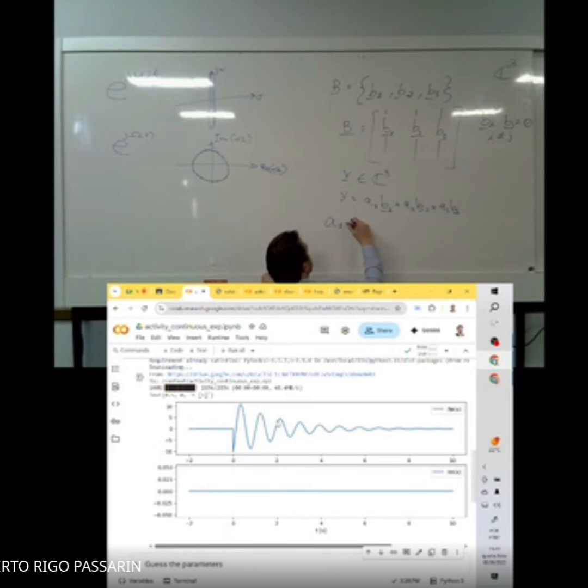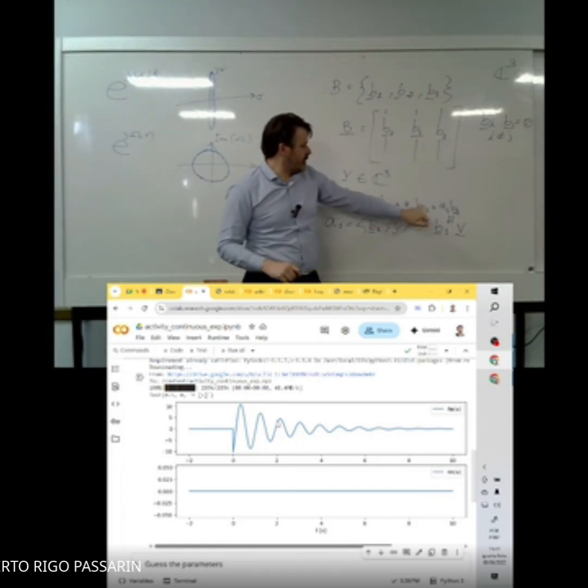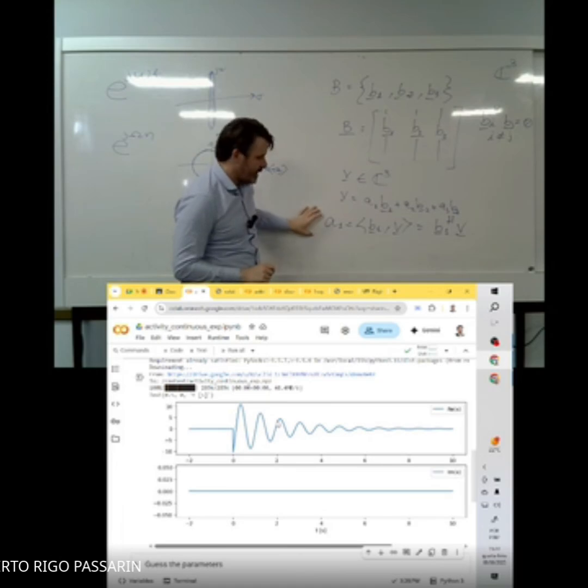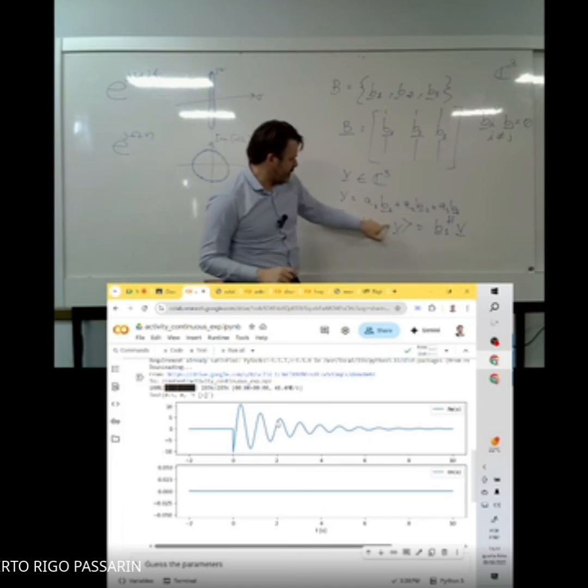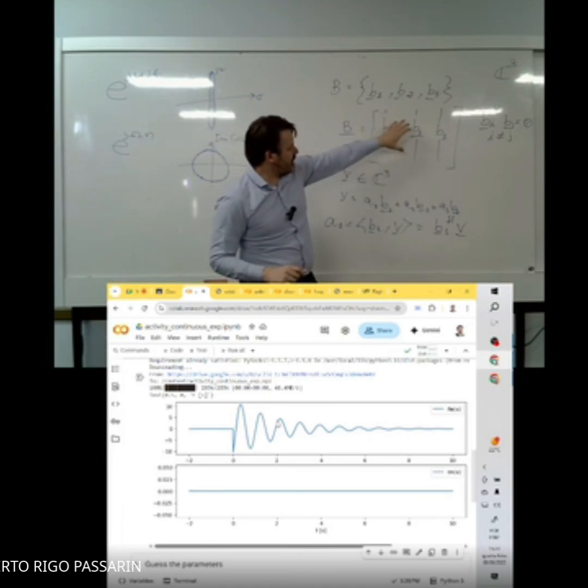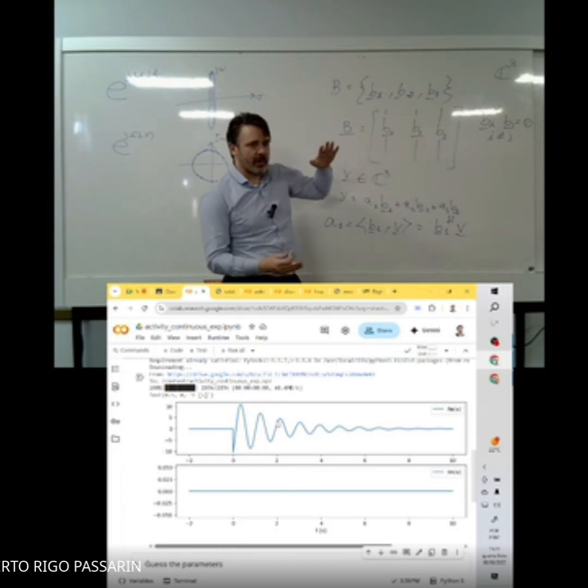A1 equals this, B1 Hermitian times V. Same for A2, same for A3. Actually, this is true when B1, B2, and B3 are normal vectors, when they are versors.